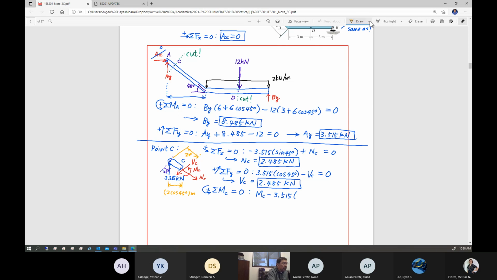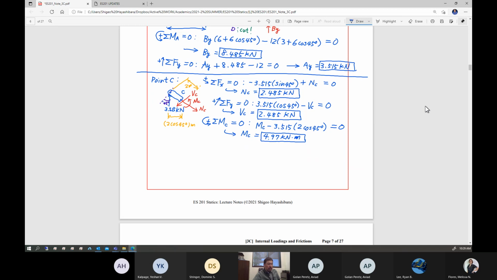This is going to create the negative moment. So minus 3.515 kilonewton times 2 times cosine 45 meter, set equal to 0. This is going to give you MC. So this MC is 4.97 kilonewton meter. Okay, so far.